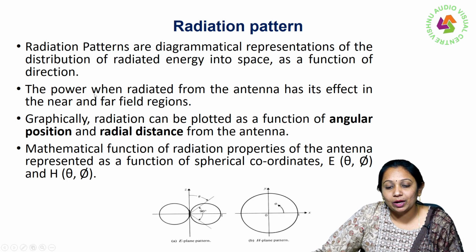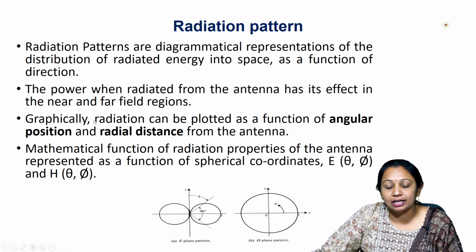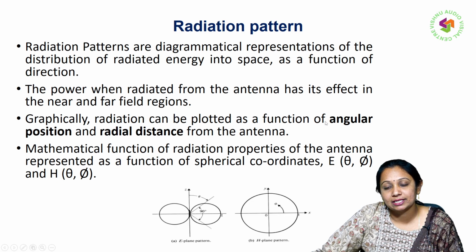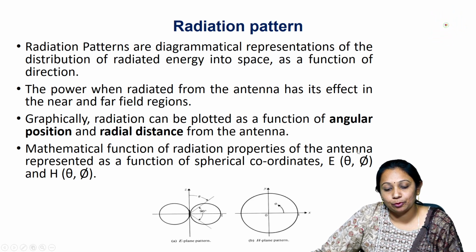The power when radiated from the antenna has its effect in the near field and far field regions. Graphically, the radiation can be plotted as a function of angular positions and radial distance from the antenna. The mathematical function of the radiation properties of the antenna can be represented in the spherical coordinate system.